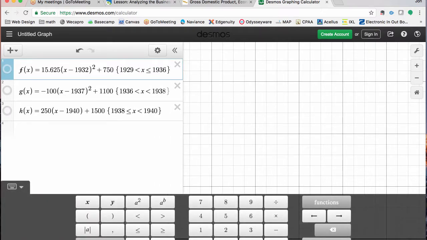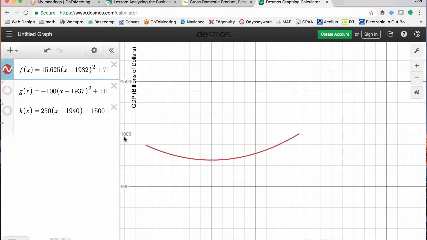So remember f of x, there's my function. And on your Desmos calculator, if you want to designate a certain piece of it, you use these little curly brackets, I'm telling it to use this function for these x values. Start at 1929. All the x values bigger than 1929, but less than or equal to 1936. If I turn it on, you can see that there we go.